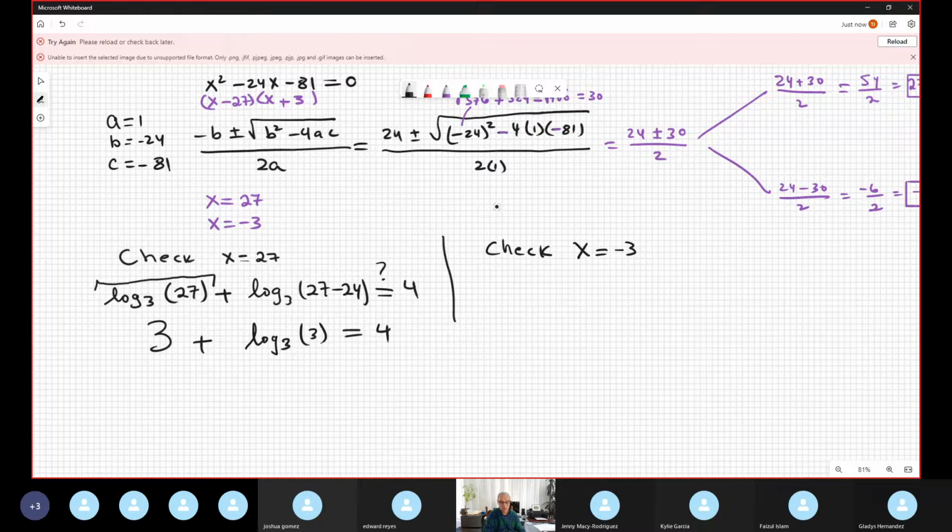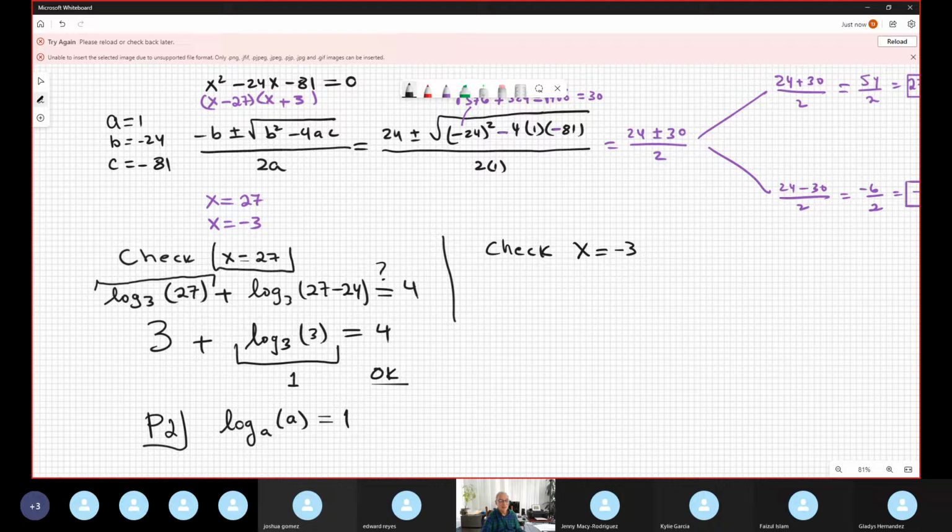I suppose not, because this is 1. Apply property number 2. Property number 2 says the logarithm of any base of the same number as the argument is 1. So 3 plus 1 is 4. Cool.